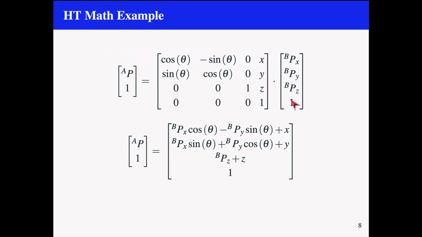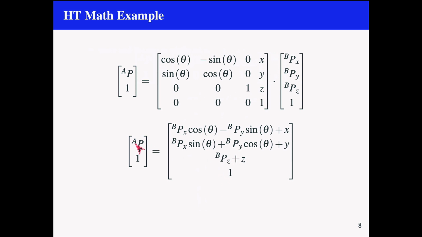So this 1 that's appended to the bottom of our position vector is allowing us to take this column and add it to our PB rotated into frame A. So this is the normal stuff we would have multiplying RAB times PB, and then we're adding in X, Y, and Z to get that additional translation, and then we have the 0, 0, 0, 1.